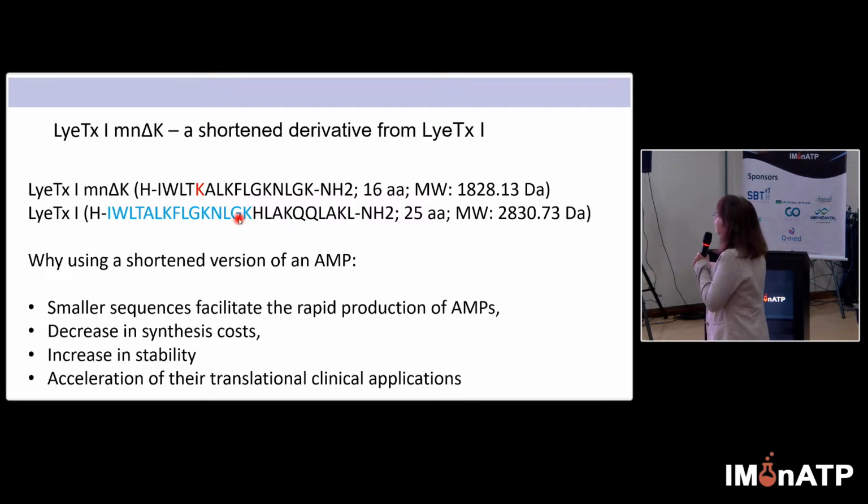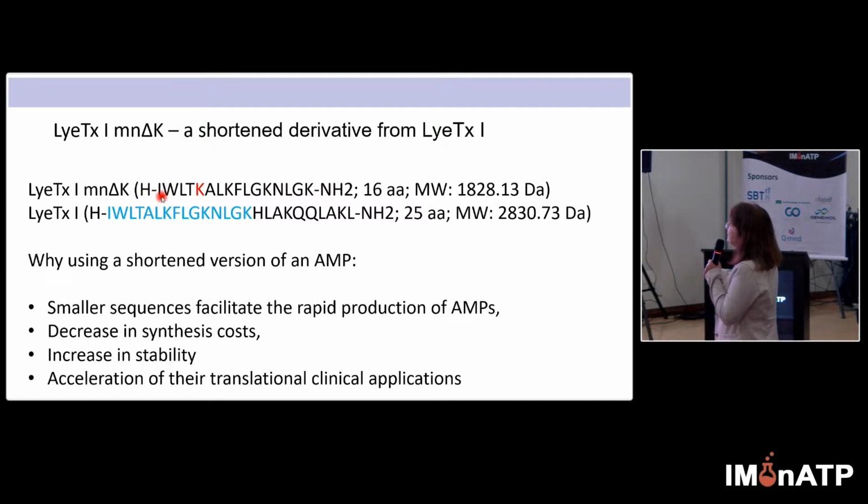This peptide, LyeTx I, is 25 amino acids, and it's a little bit difficult to synthesize, so they decided to remove some amino acids from the carboxy terminus of this peptide, creating a new one that is minimized, the LyeTx I minimized, but with a leucine in the middle that was introduced during synthesis.